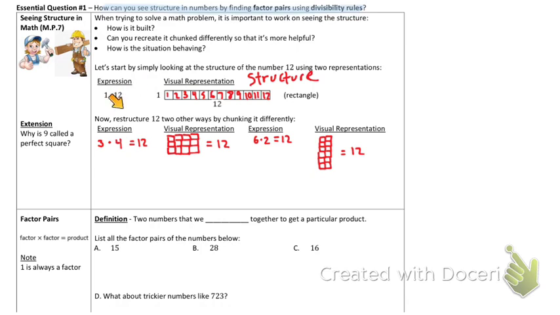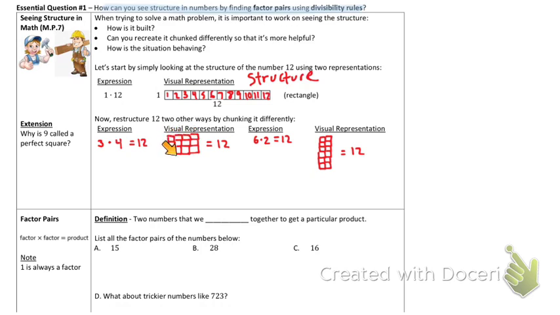Okay, so hopefully you got something similar to this. It doesn't have to be exact. The first expression I put down was 3 times 4 equals 12, and I represented it in a visual representation. We have 3 by 4.